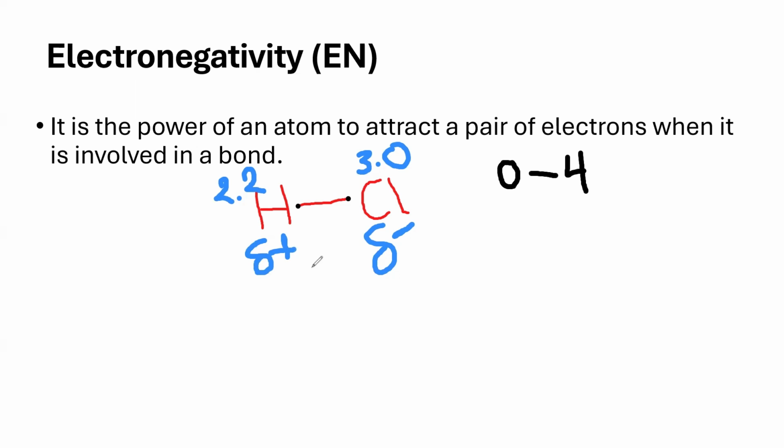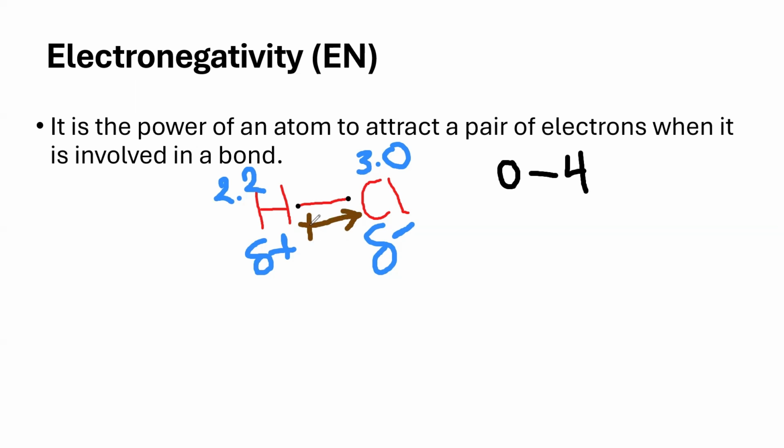Also, it can be explained as an arrow going from the less electronegative atom to the more electronegative atom. At the beginning of the arrow, we make a line representing that this is the partial positive portion of the bond.